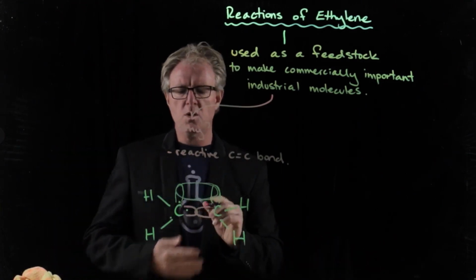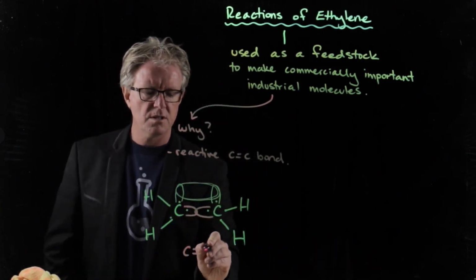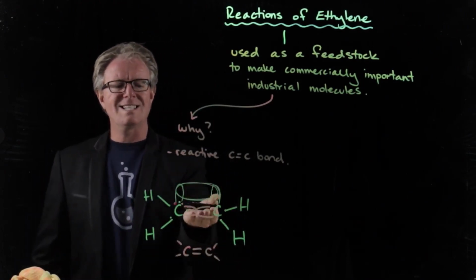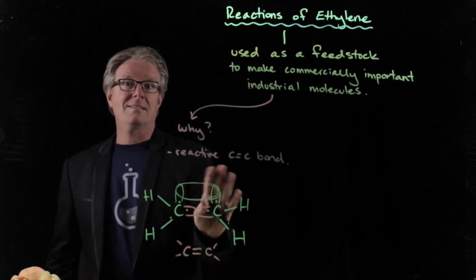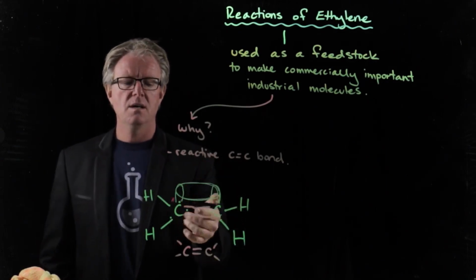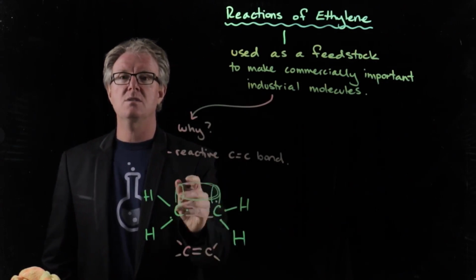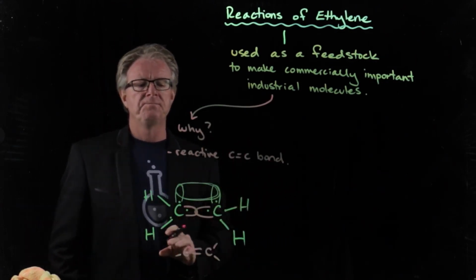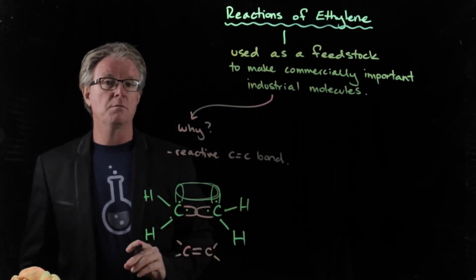When we talk about carbon-carbon double bonds being reactive, it's because these electrons exist in this upper y-axis area a little bit further away from the carbons than these 2 here, and so these electrons are more unstable and therefore more reactive. That's the reason why carbon-carbon double bonds are more reactive.